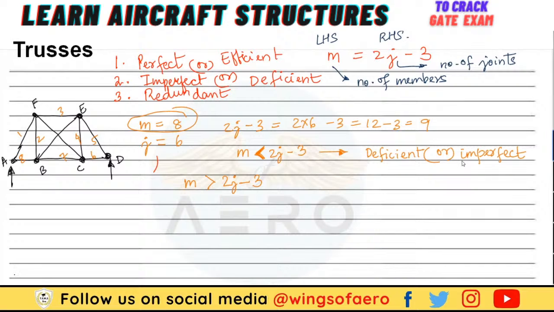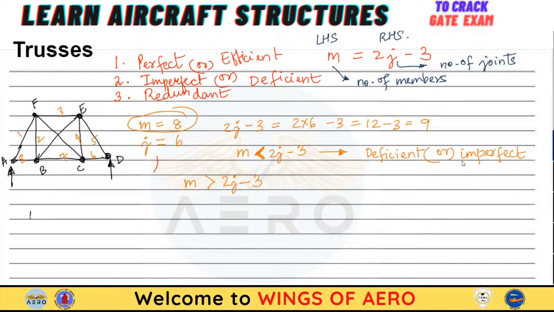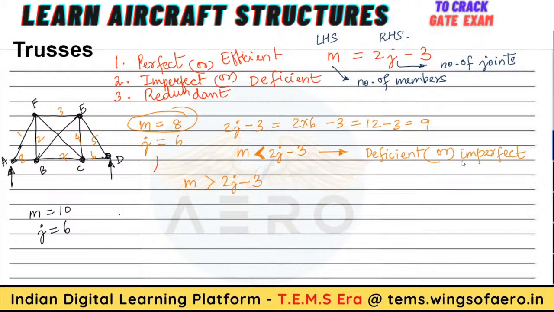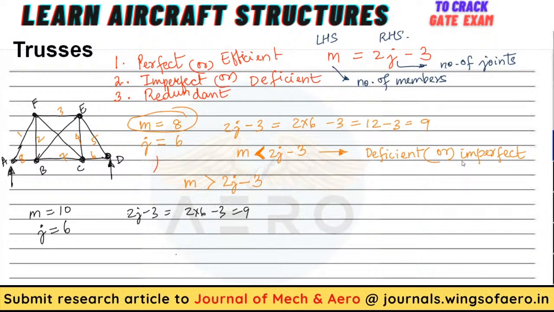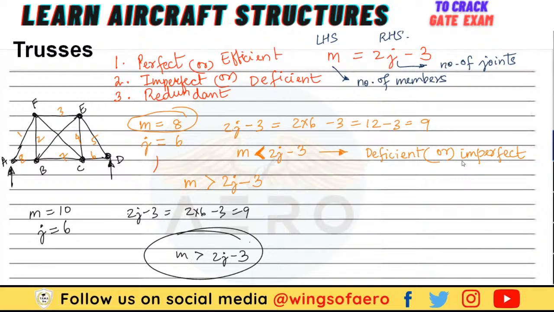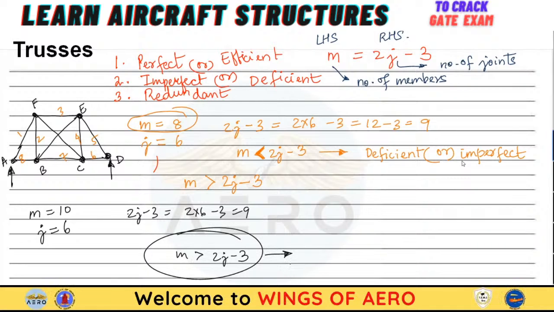Now what will be the number of members here then? 10. And joints remain the same, isn't it? So 2j minus 3, 2 into 6 minus 3 becomes 9. So here M becomes greater than 2j minus 3. Now such kind of truss is called a redundant truss.